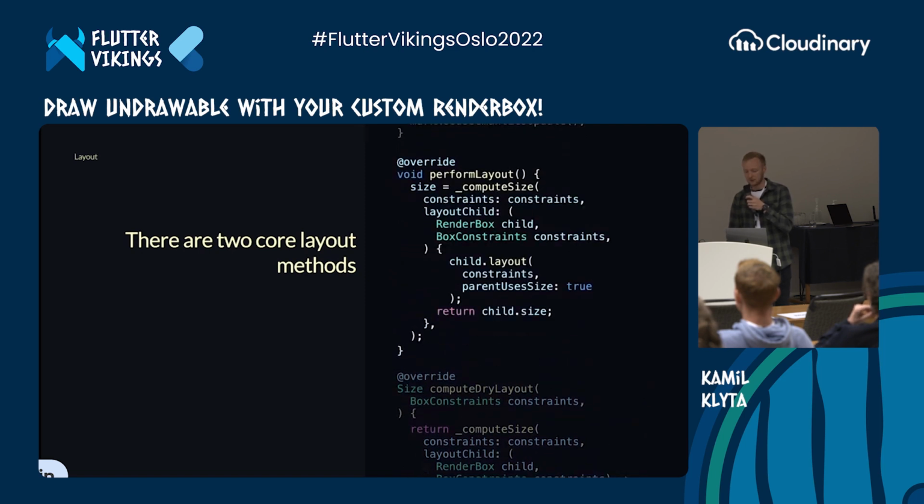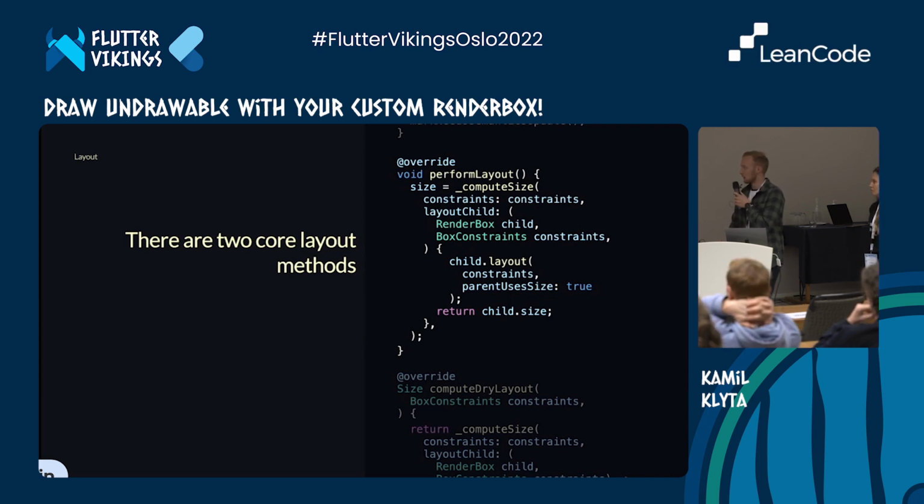There's a difference for perform layout, because in perform layout we are using the child layout method, and as you can see there is no constraint argument, so we're using the constraints that are the property on our render box. The constraints are set, and this is the value we would like to use, and we are also setting parent uses size. So after this layouting we are able to do child.size and read this size.